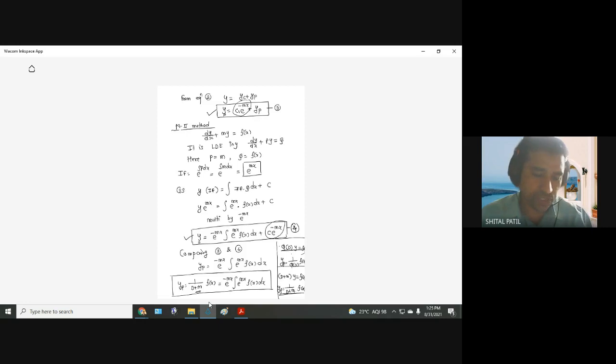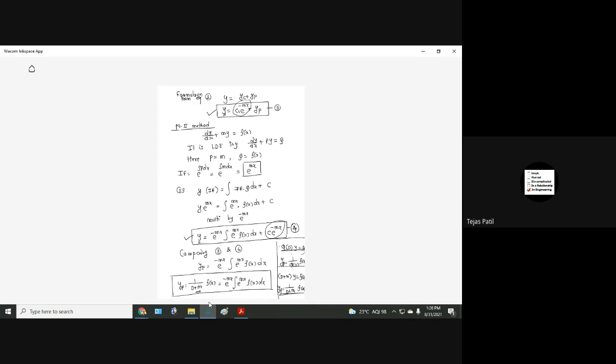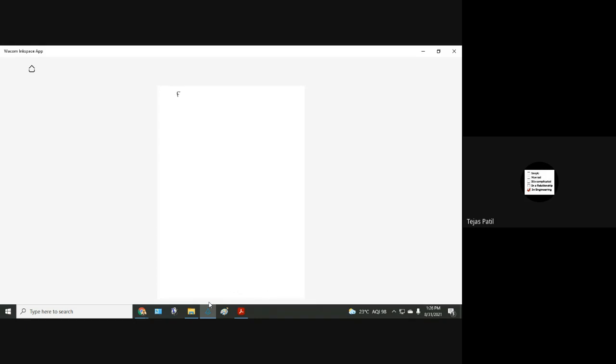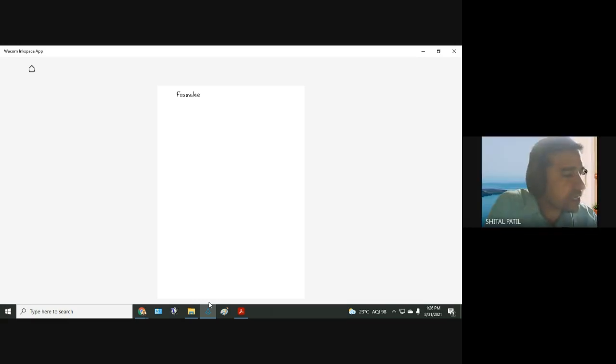At the end, these are the formulas that we have to remember. 1 upon d plus m operated on f of x: plus m is converted into minus m, inside the integral e raised to plus mx and f of x dx.